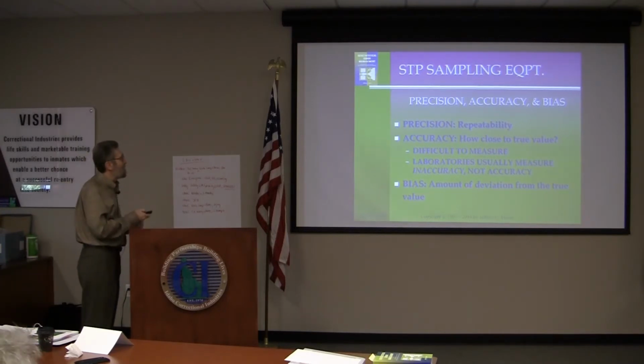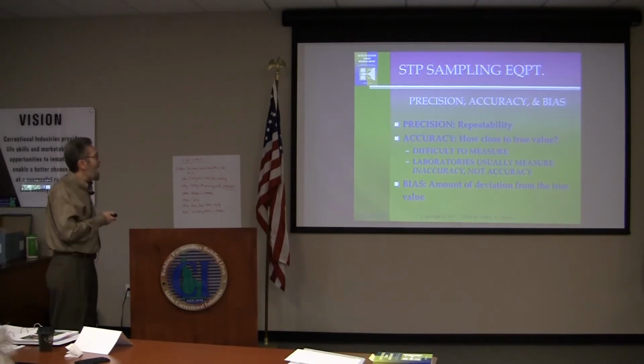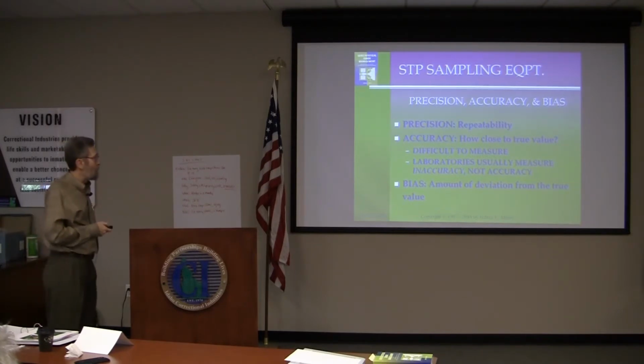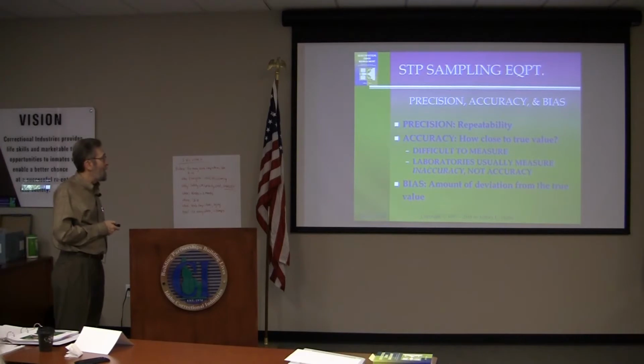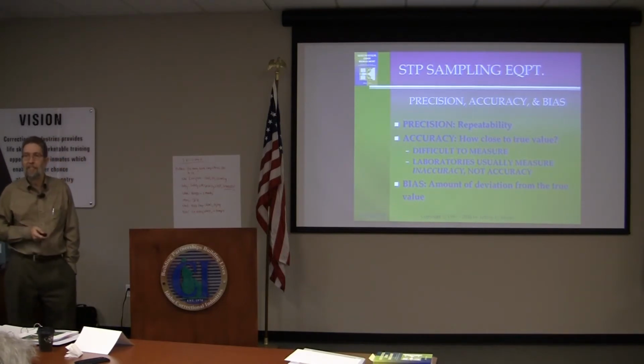So anyway, it's kind of humorous, but that contrasts with accuracy, which is how close to the real value is the answer that we get, or the answers that we get. Now, repeatability is easy to measure. Accuracy, it's a lot harder. Why? We never know the true answer.